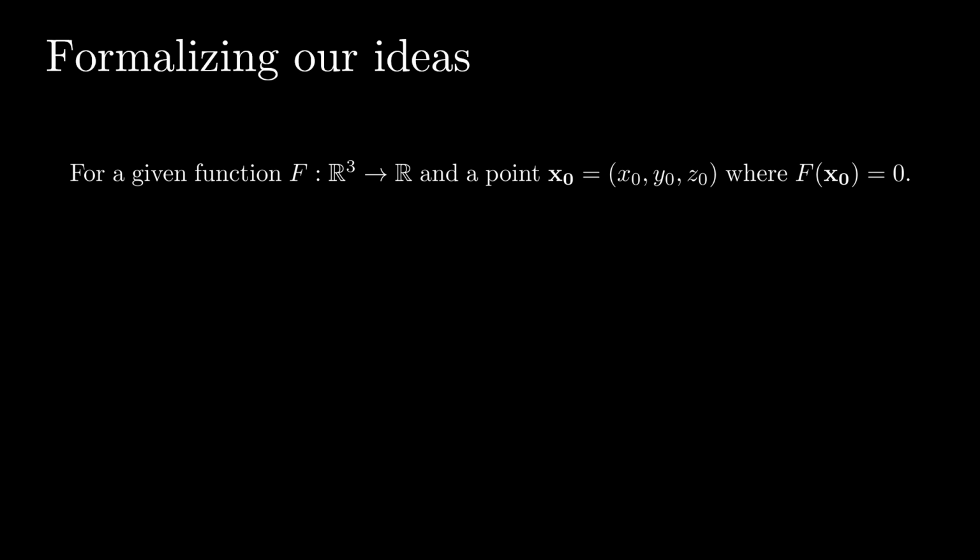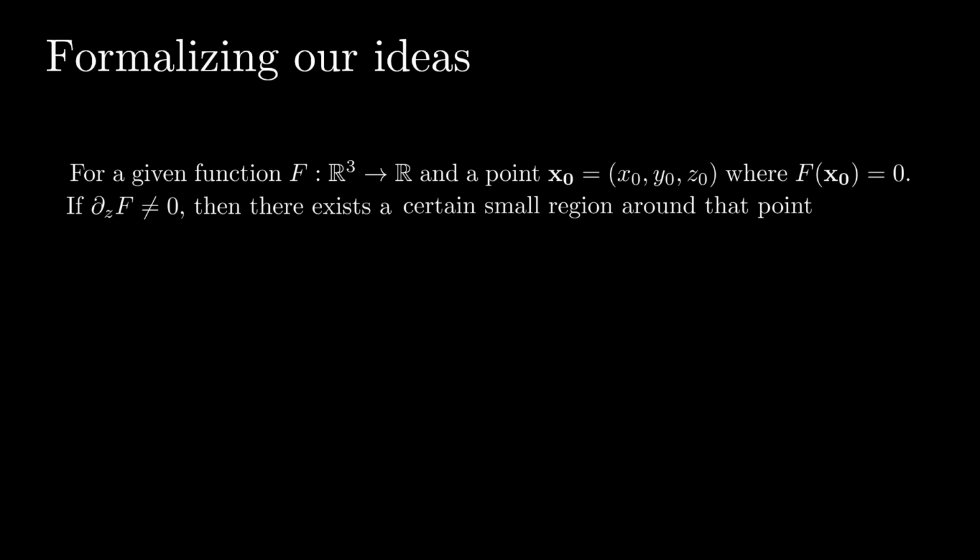This simply means that this is a point that belongs to the implicit surface, right? Because remember, the equation of our surface is F of x, y, and z equal to 0. And here I'm using this bold case to mean this.